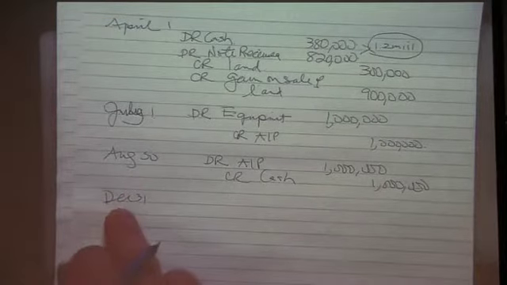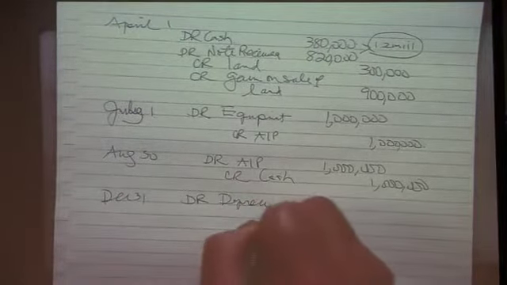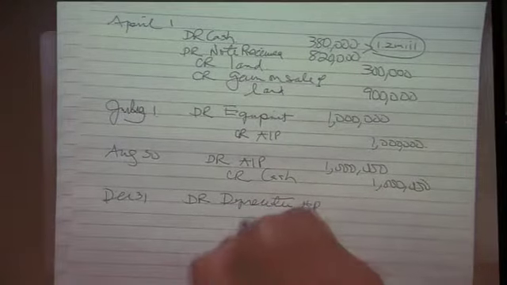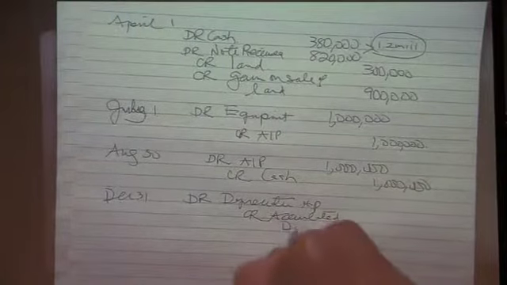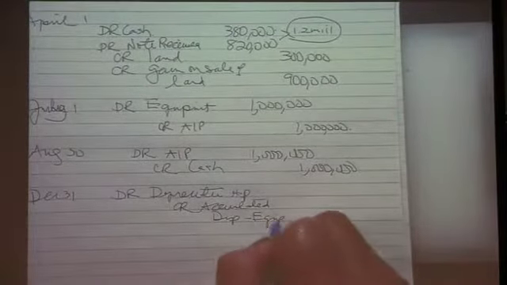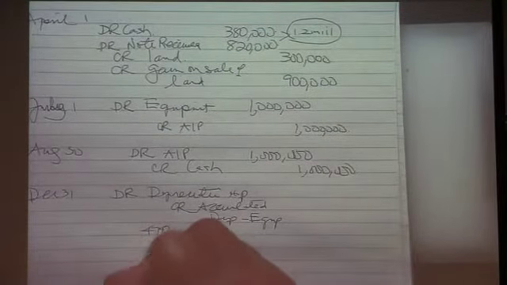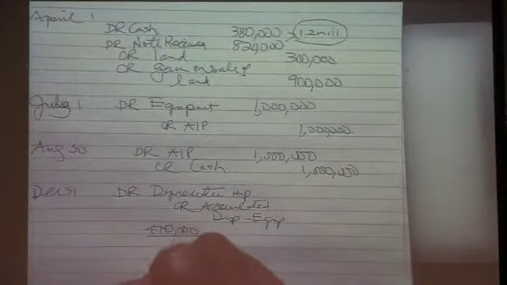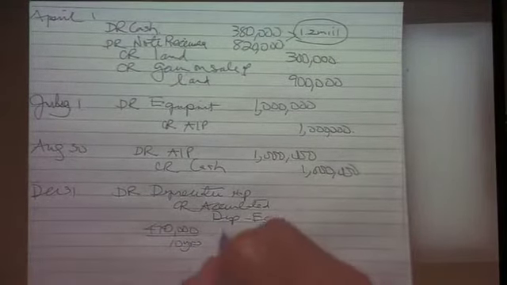Because we used it for the entire year. So debit depreciation expense, credit accumulated depreciation, equipment, and it was $470. Again, every equipment is 10 years. And we used that for the entire year, so that's $47,000 per year.